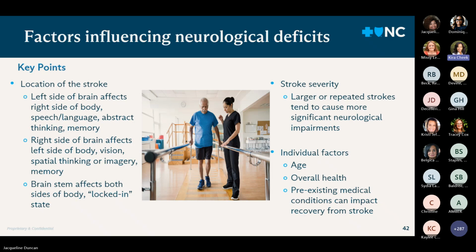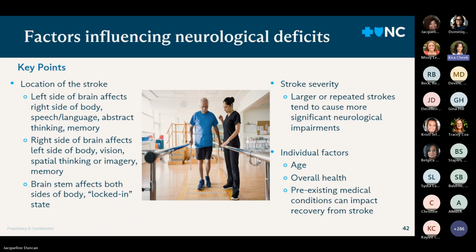Stroke severity is also a factor. Depending on the size of the stroke, or whether you have had multiple strokes in the past, can determine more significant impairments. Individual factors such as age, health, and any pre-existing conditions can subsequently impact recovery from strokes.